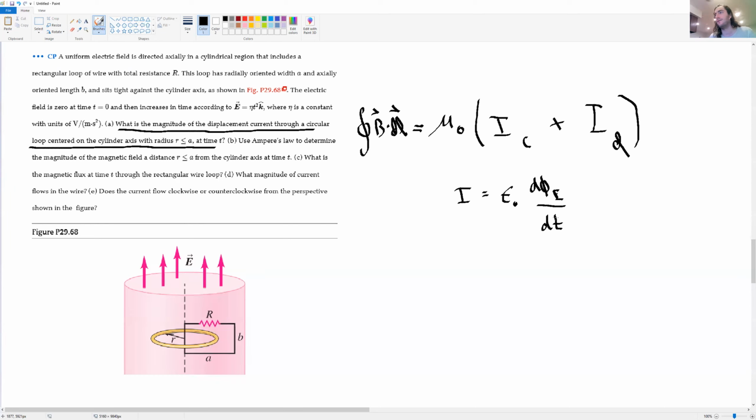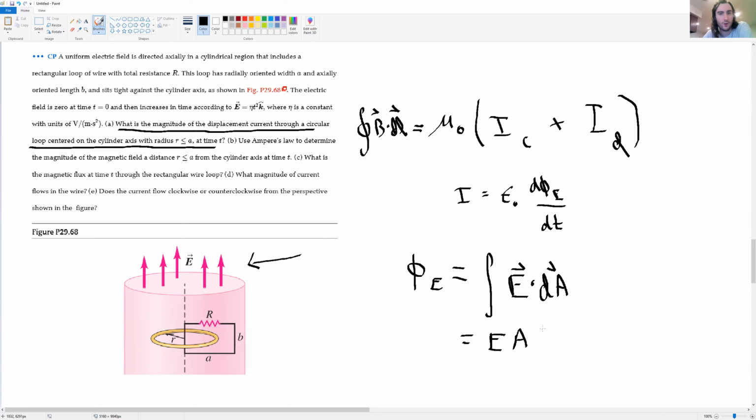So what is d phi_E dt? Well, first we have to remember the electric flux is the integral of E dot dA. In this problem, E depends on t, but it does not depend on the surface. You can see from the figure that E is constant everywhere on the surface. The vectors all have the same magnitude. So this simplifies to E times A. The integral just becomes the integral of dA.